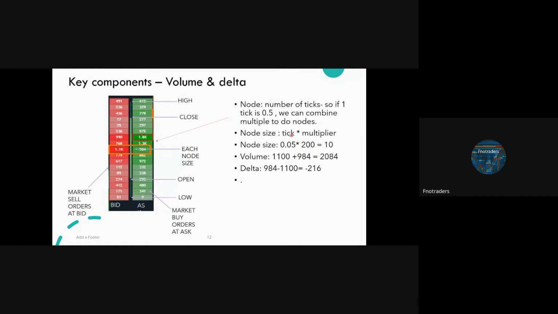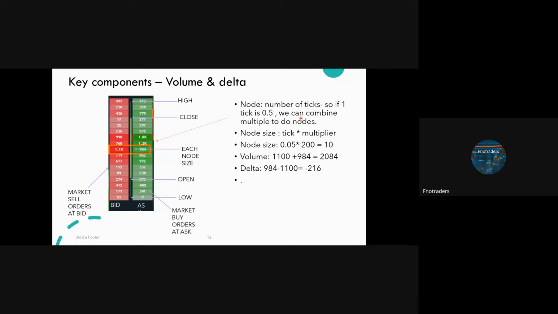There is an auto indicator available in GoCharting, but I suggest sometimes not to use auto. The reason is that when you use auto, as you zoom in or zoom out, it will compress or expand the information. So you don't really develop a feel for what is a good volume, how much volume is interacting as you zoom in and zoom out. That way you lose context of what a good volume is when you're trying to understand an instrument.